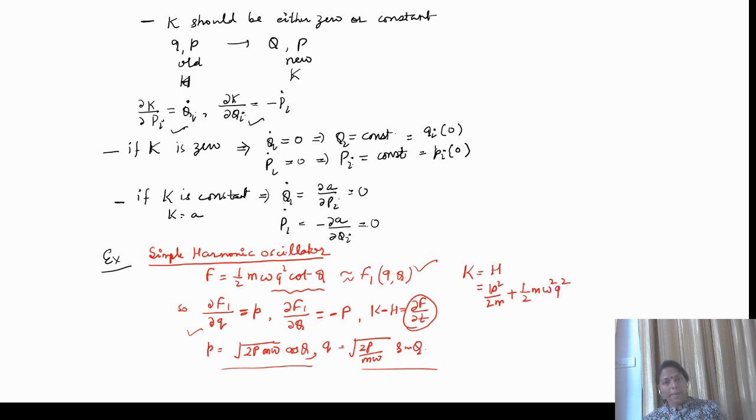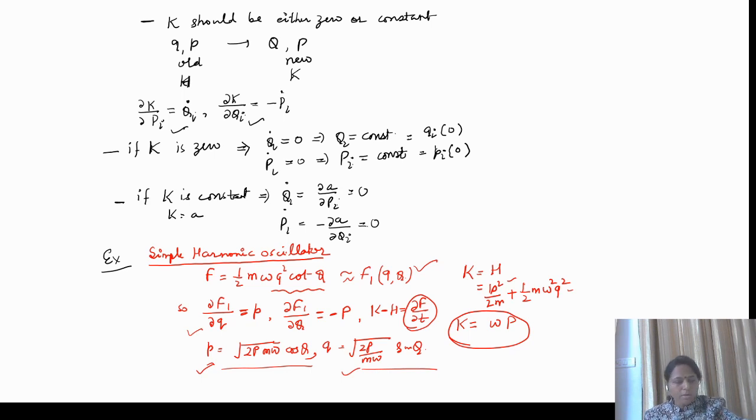This is Hamilton's function in terms of small q and small p coordinates, because I have to find the value of capital K. So I'll replace small p and small q in terms of capital P and Q. I may find the replacements with the help of these two equations, and I get K is equal to omega P. So you see, this K is not 0. This K is not constant. My purpose is to make K constant or 0.